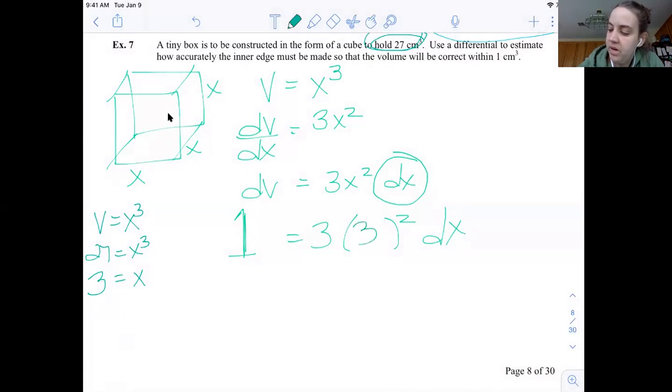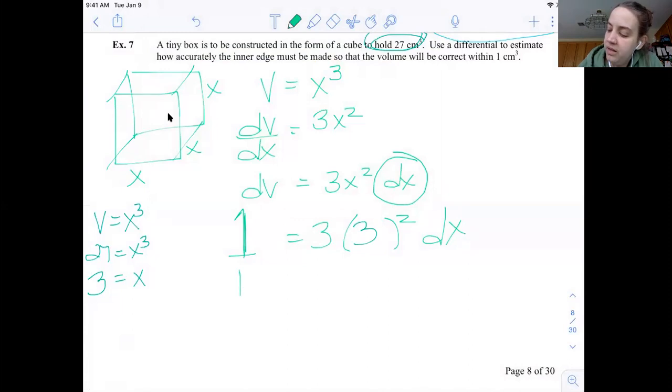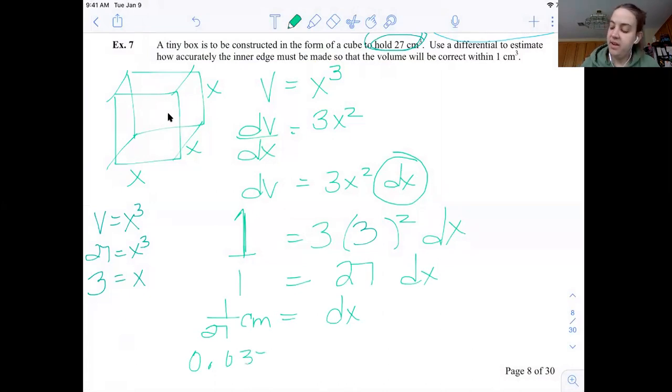So 1 is equal to 3 times 9, which is 27, dx. And dx is 1/27 centimeters. If you want that as a decimal, you can divide that out. 1 divided by 27 is 0.037 centimeters, which is our dx.